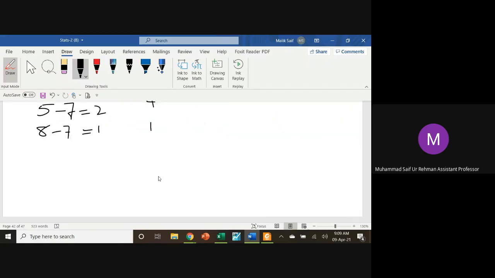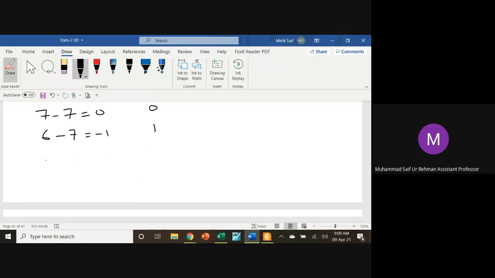Move onward. 7 minus 7, 0, 0. 6 minus 7 is equal to minus 1, squared 1. Then 9 minus 7, 2, squared 4. Then 7 minus 7, 0, 0.